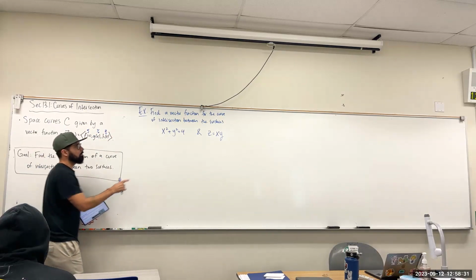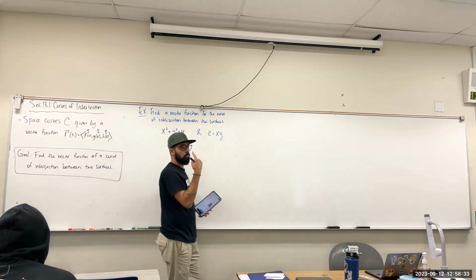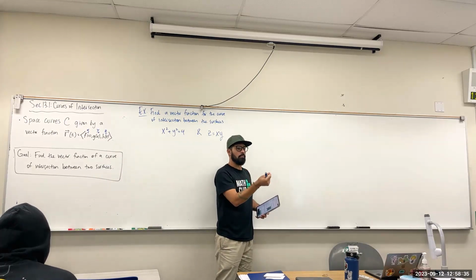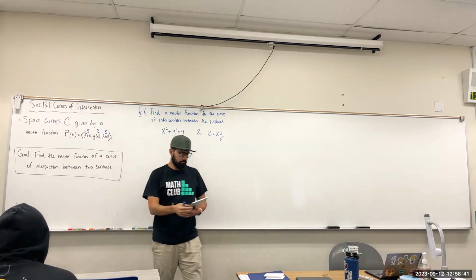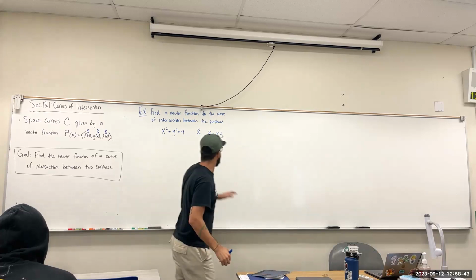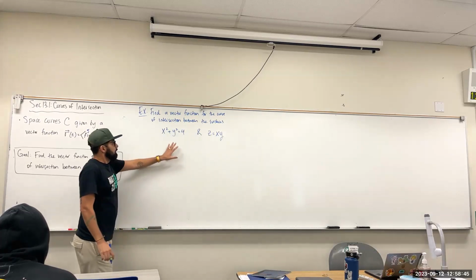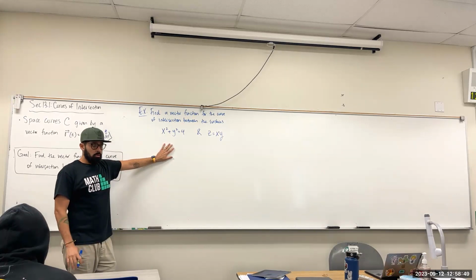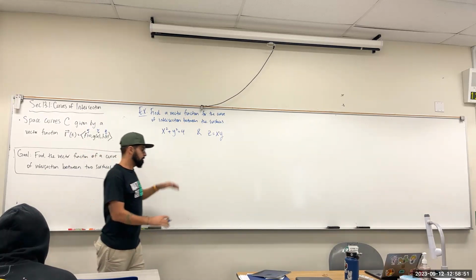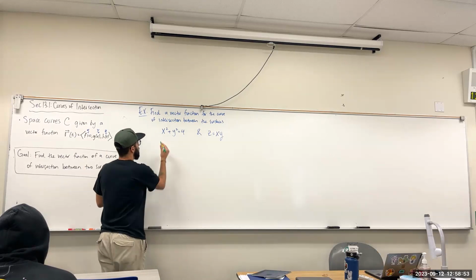If I can do that, I can write all three coordinates in terms of one variable, and let that variable act as my t. So in these problems, if there's a circle involved, you're going to want to use your knowledge of polar coordinates.